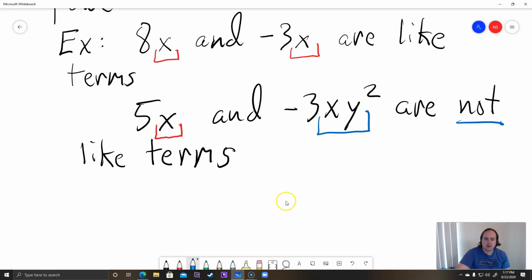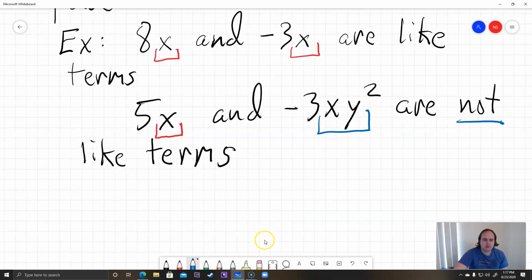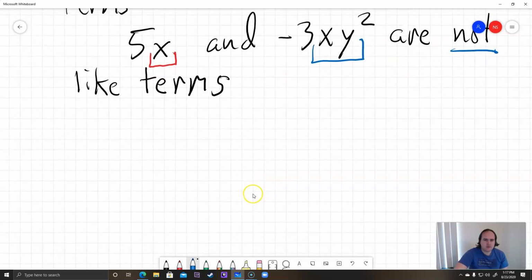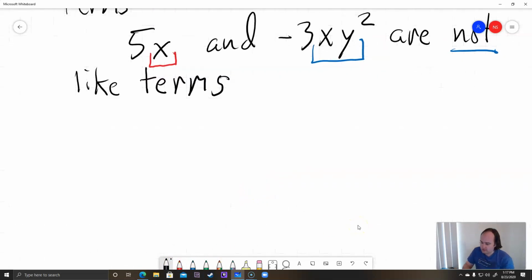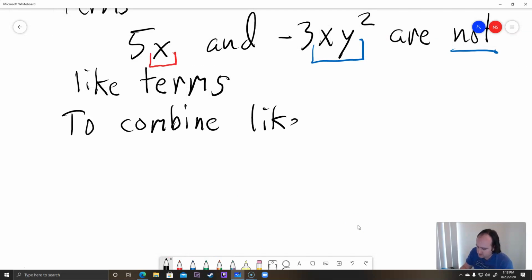Okay? And why are we learning about like terms? Well, when you're simplifying expressions, one of the most important operations you do is called combining like terms. So how do you combine like terms? Well, to combine like terms, what you want to do is add or subtract the coefficients, but you're going to keep the variables the same.